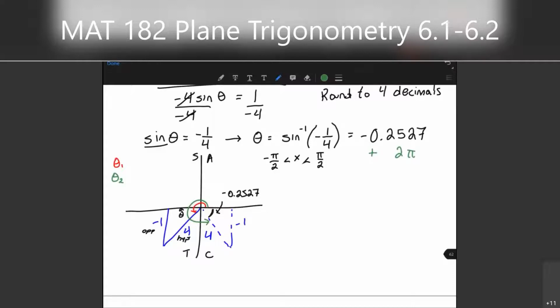So if you take exactly what's in your calculator here and just add 2 pi to this, go ahead and do that. And again, let's get our solution to 4 decimals. If we add 2 pi to that solution and get the positive version of that angle, what do we end up getting there?